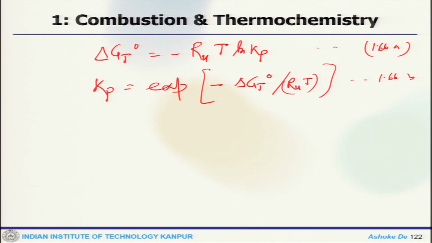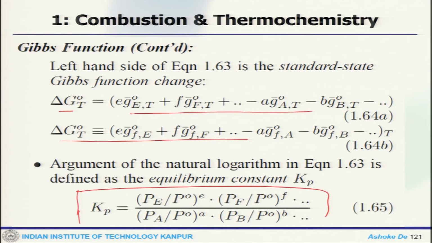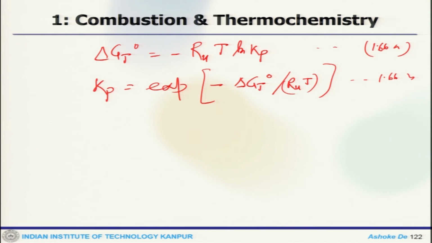Now the 1.65 and 1.66 give a qualitative indication of whether a particular reaction favors products or reactants at equilibrium.